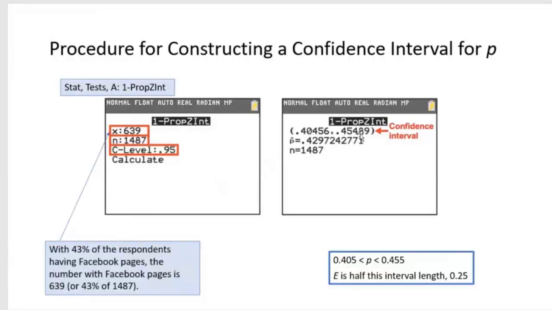This rounds to 0.455. So this number it's given you is not rounded to the 3 significant digits, but it is the right value. Now, if we needed to know E for a problem, we can use our previous approach. Once we have our rounded interval, half of that interval length is your error. So the error ended up being 0.25.